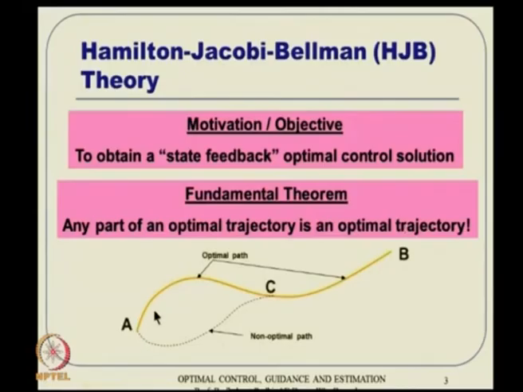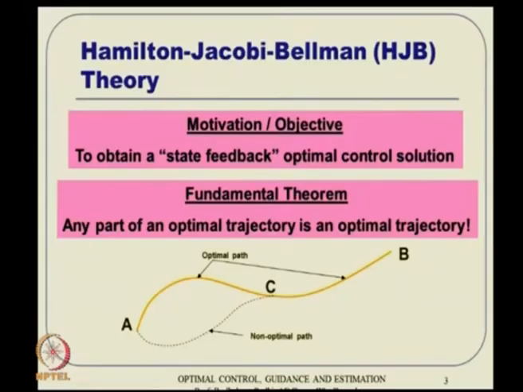We explained this way: if it happens that the path A to B via C is claimed to be optimal, the colored solid one, then a non-optimal path from A to C is not going to happen, because in that case the path A to C via the dotted line and then C to B would have been the optimal path. But by definition we said that to begin with this path is optimal, and hence this is not allowed. That means if we confine our problem from A to C, then this is also going to be optimal in its own way. So any part of the optimal trajectory is actually an optimal trajectory.